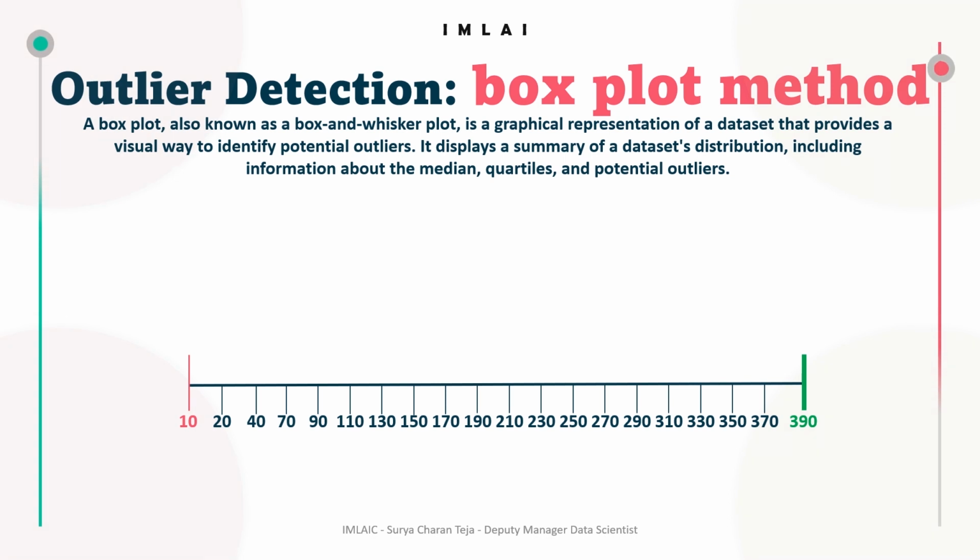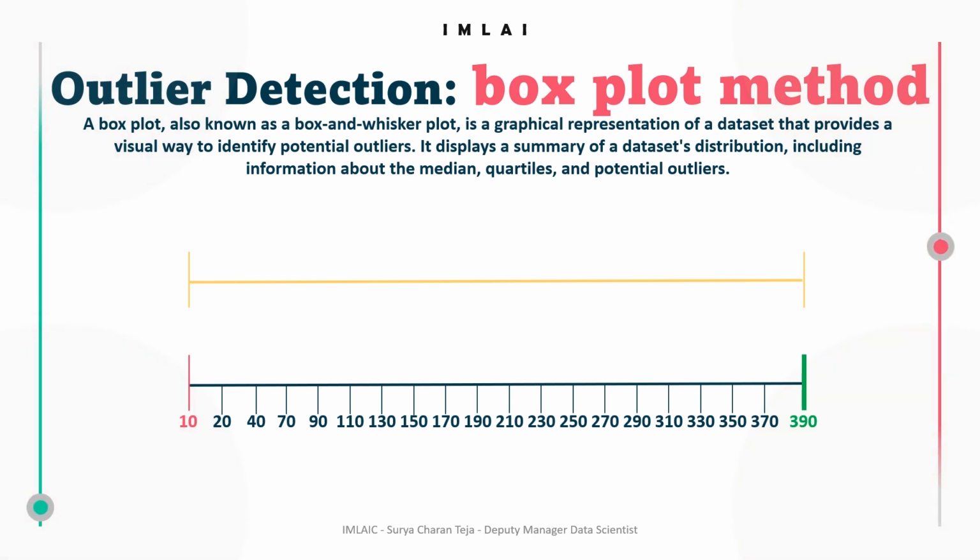Now, once you have your overall data points, let's take the same scale and put it on top. It begins with 10 and ends with 390, because whatever falls outside this 10 and 390, I want to label as an outlier. That's my point of interest here.